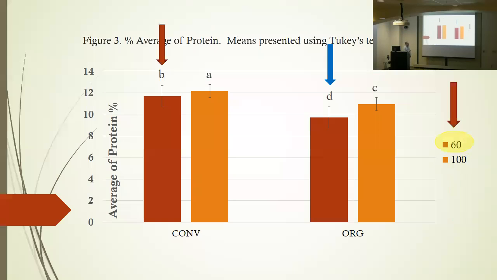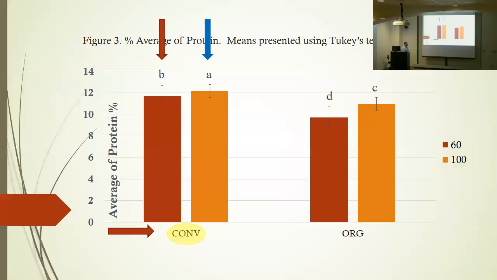Here, in the percentage average of protein, which is an important parameter for wheat quality, especially for bread baking quality, we can see there is a significant difference between systems at the level of 60 organic, also between the 100 rates, between the systems.